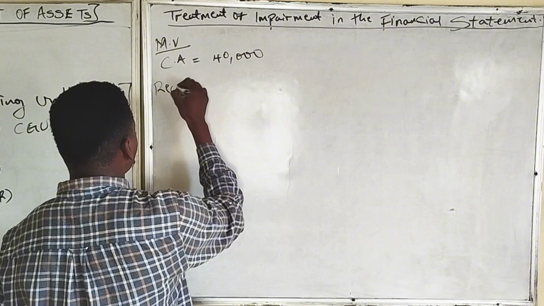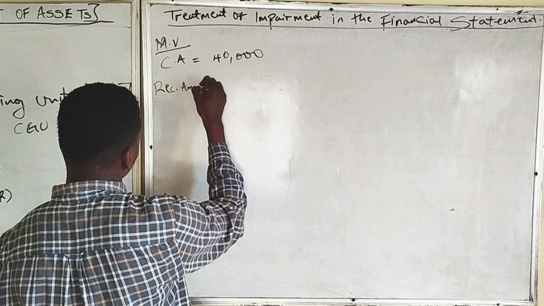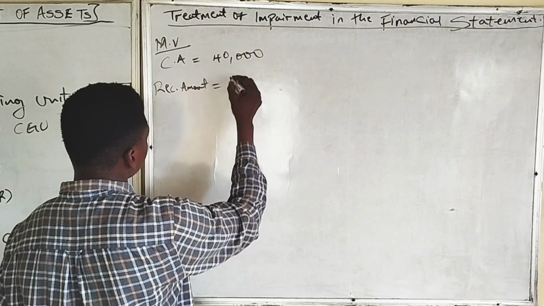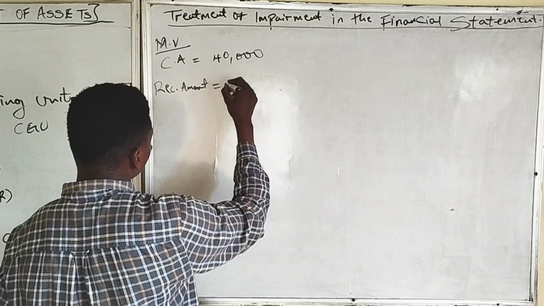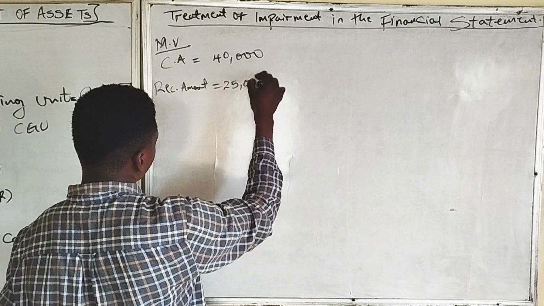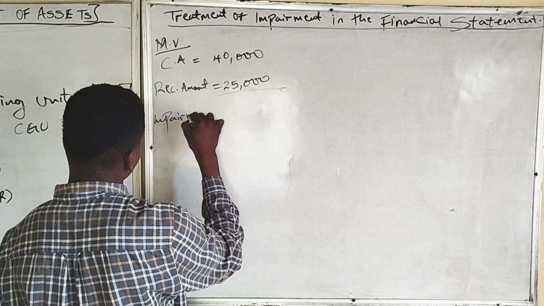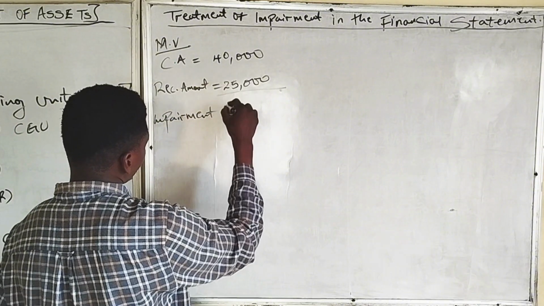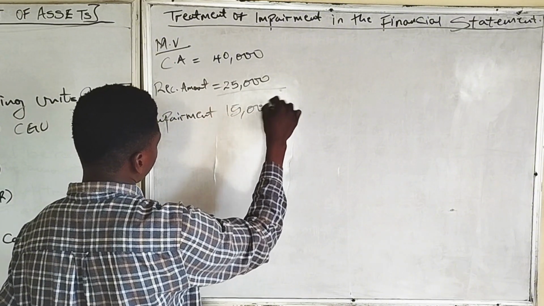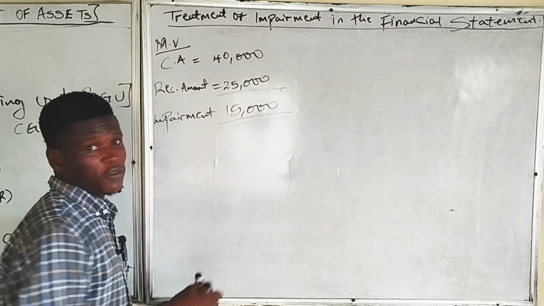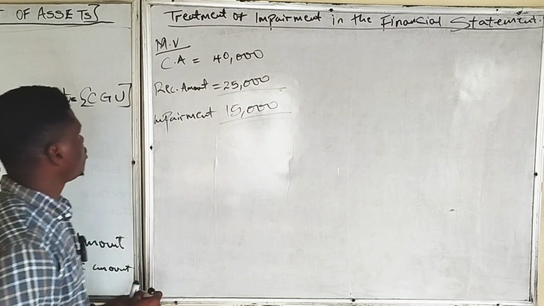Don't forget. Let's say the recoverable amount is 25,000. So impairment becomes 15,000.